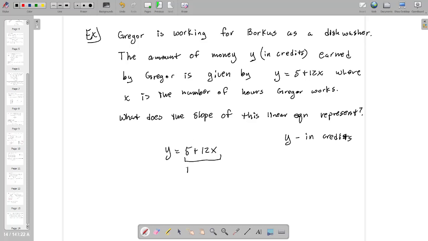5, being a standalone constant, must already be in terms of credits. Now 12x, 12 times x, is measured in credits, but x is the number of hours worked.